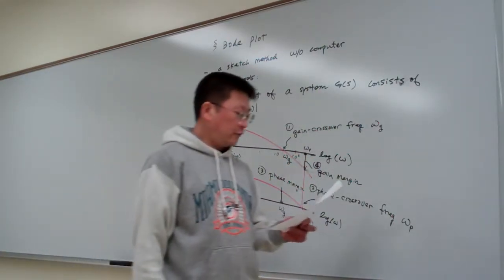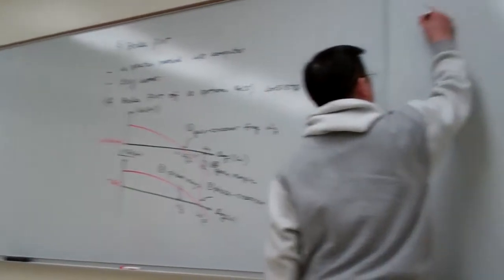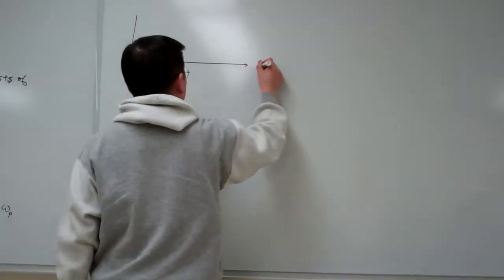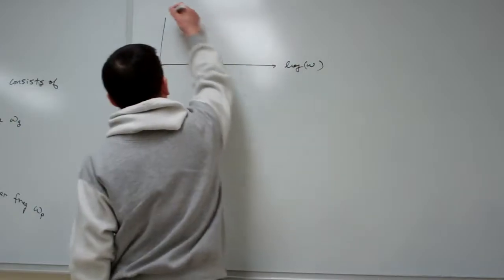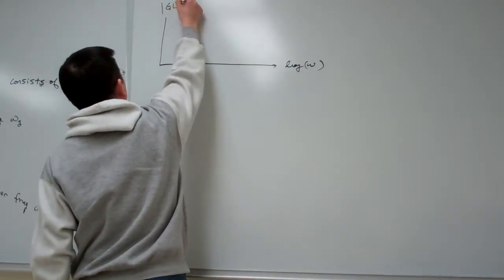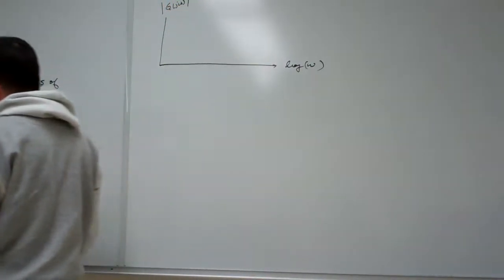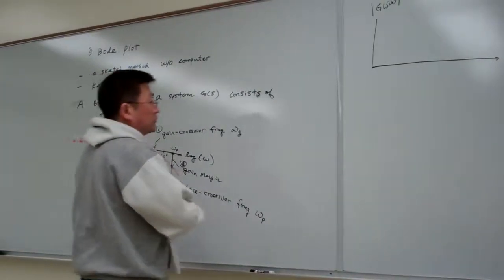And furthermore, for systems, say this is log omega, and this is the G j omega magnitude, we have a further system.